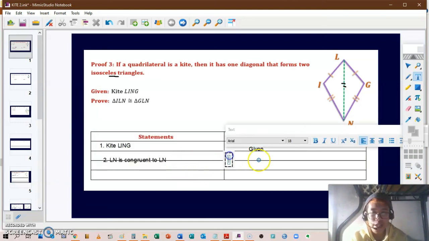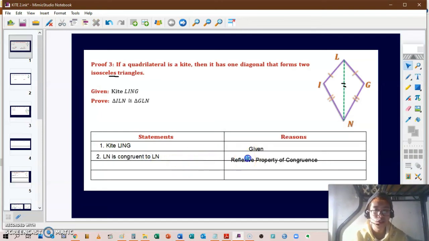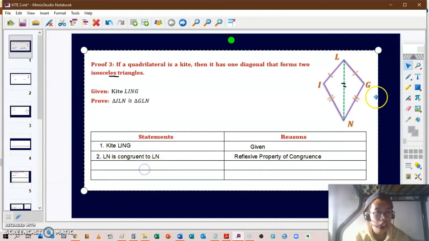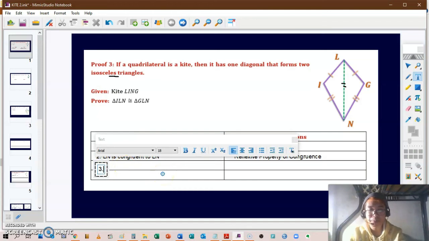And the reason for that is the reflexive property of congruence. There are a lot of uses for this property. We can also use the transitive and substitution properties of equality, but the reflexive property of congruence is your go-to if you're getting lost in your theorems and your proof. So we can write here for number 3.